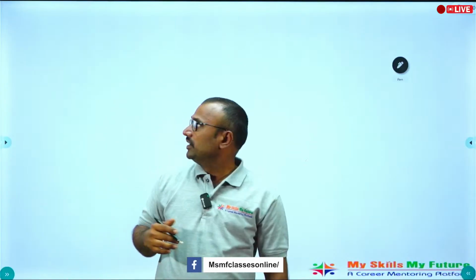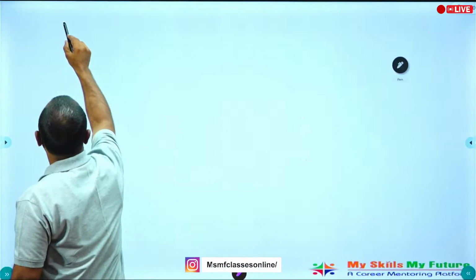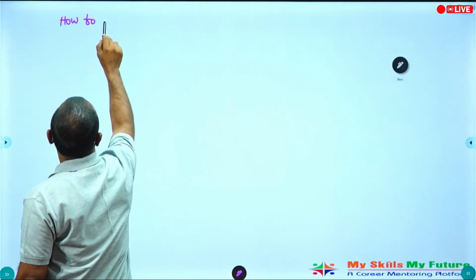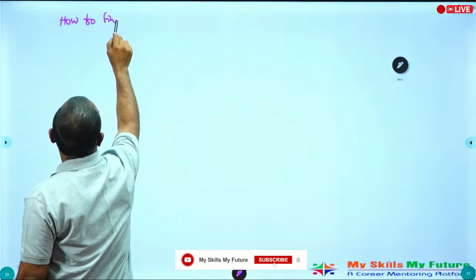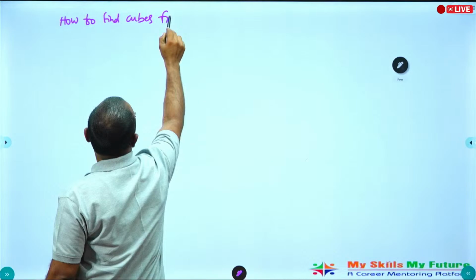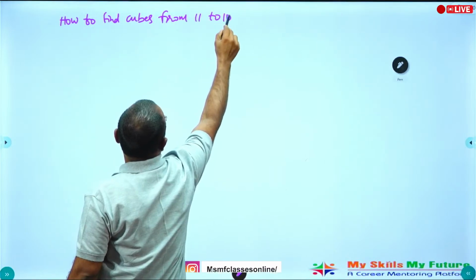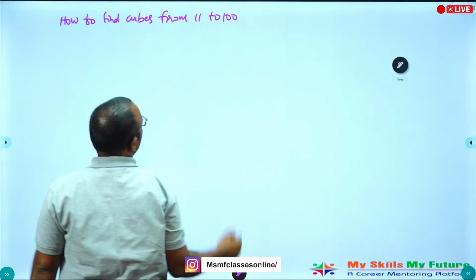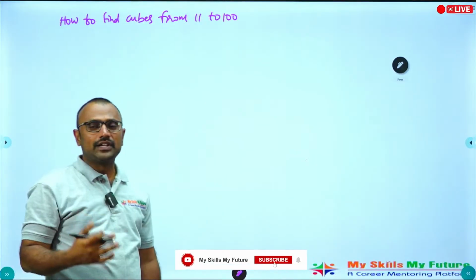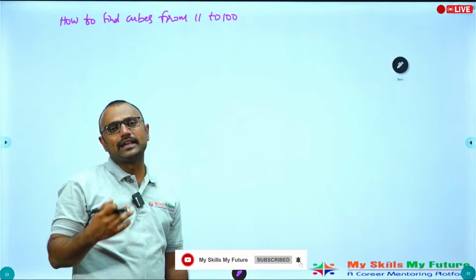So, here is how to find cubes from 11 to 100. How to find 11 cube, 12 cube, 23 cube, 44 cube, 99 cube?